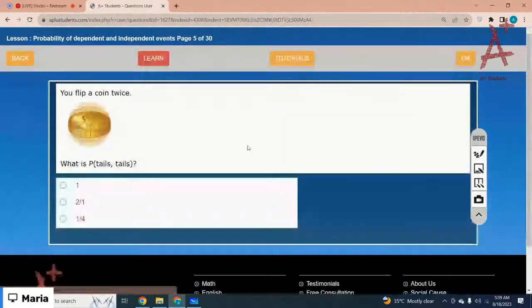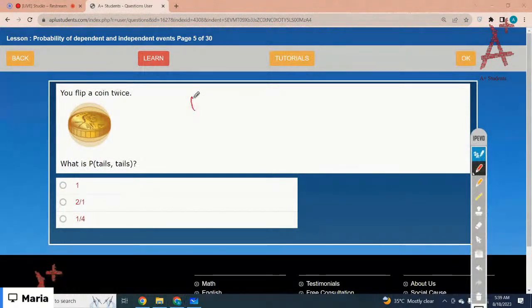You flip a coin twice. What is the probability of tail? Tail is 1 over 2. The second time it is also 1 over 2.